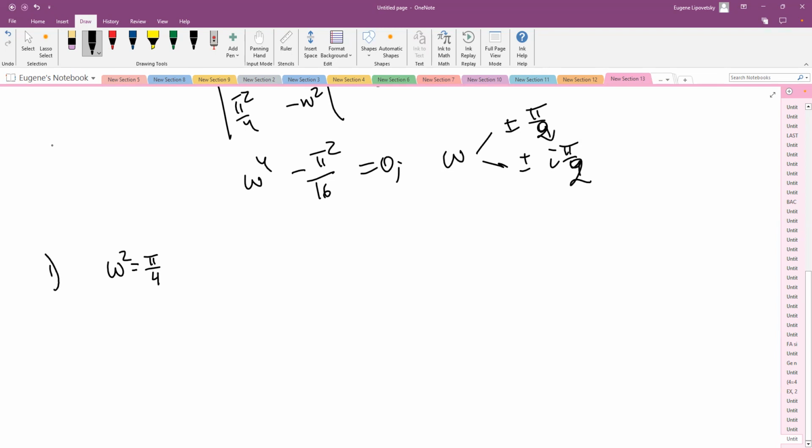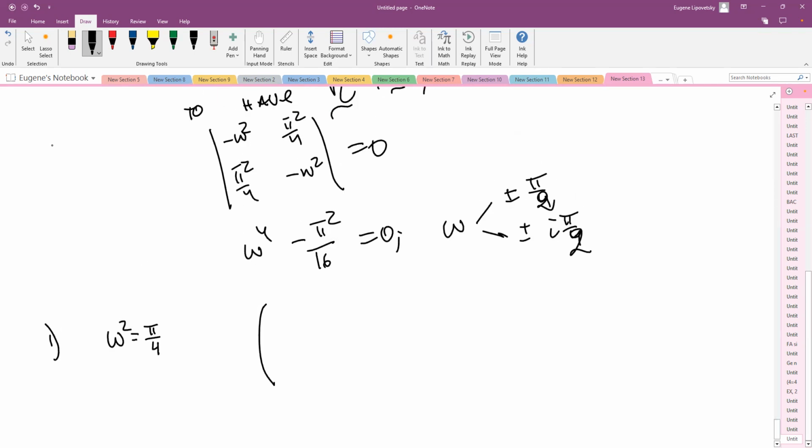Let's say the first case. So we'll have then the matrix minus pi over 4, pi squared over 4, pi squared over 4.